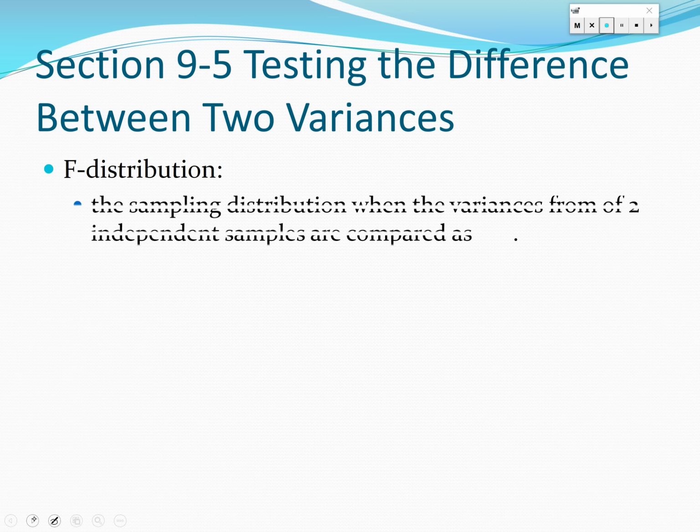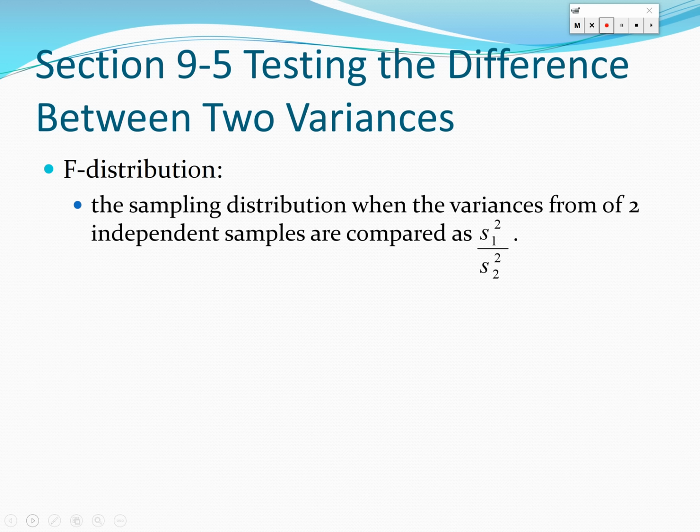So just a little bit about that before we dig in, and here's the formula and all that good stuff. The F distribution is used when variances from two independent samples are compared. You have your S sub 1 and your S sub 2, both squared because they are variances.